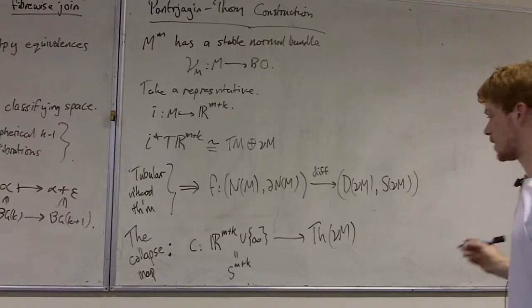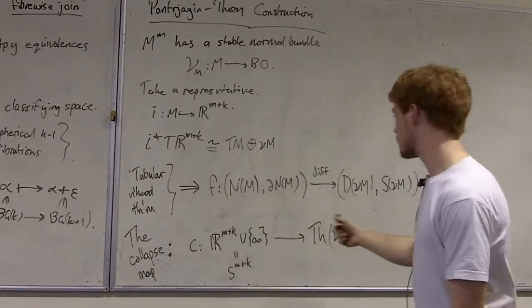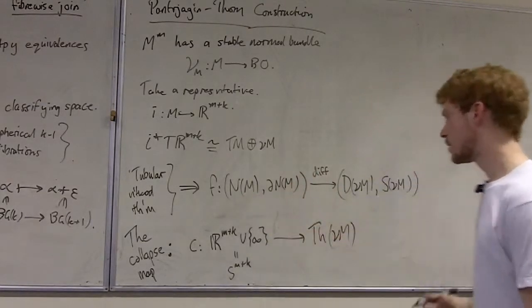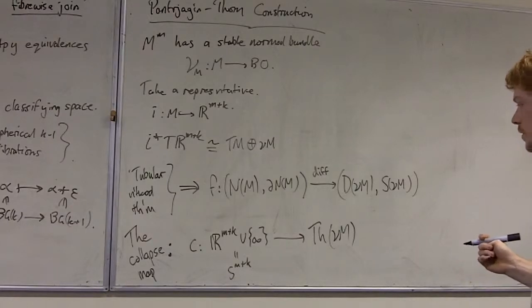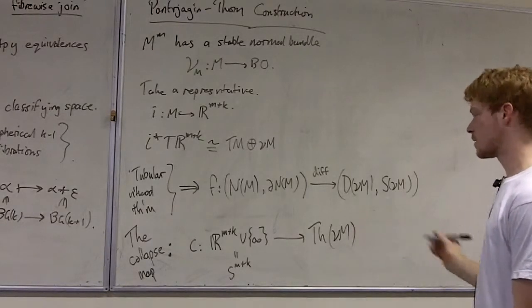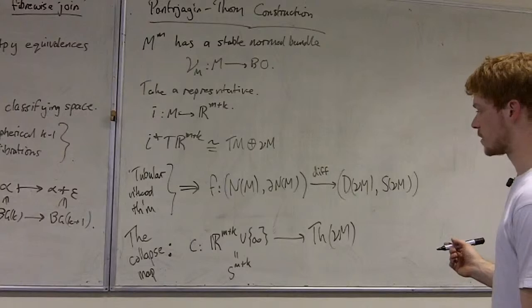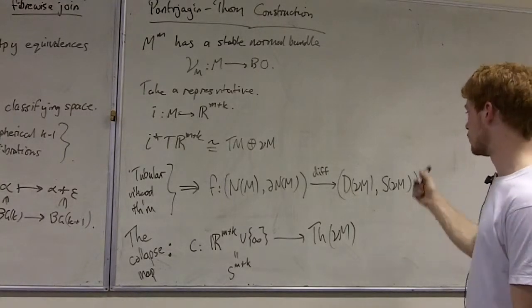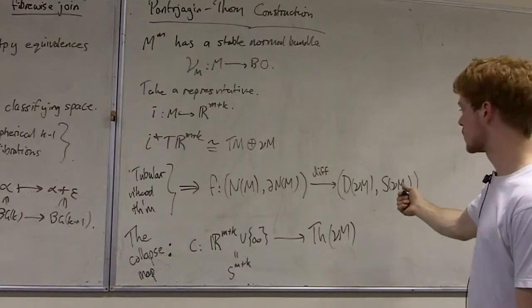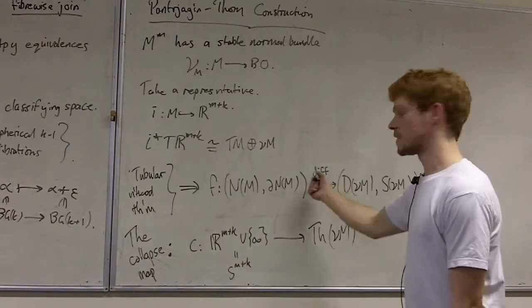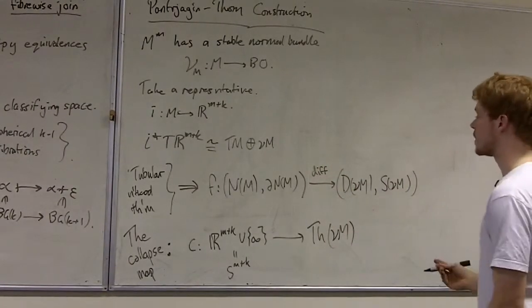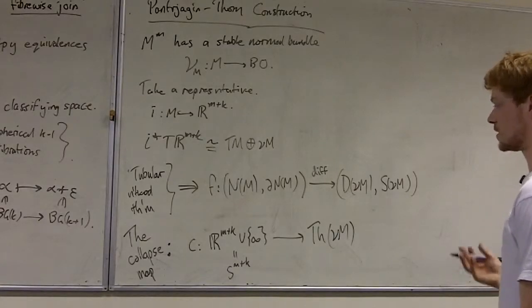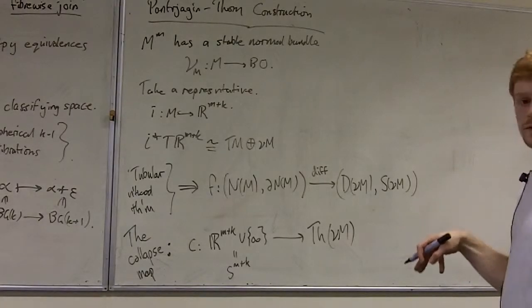So the way I'm going to do that is send everything outside this regular neighborhood to infinity in the Thom space. And then I'm going to send everything on the interior of the regular neighborhood to these objects, and then the quotient via this diffeomorphism. So this is going to be a diffeomorphism on the inside of the regular neighborhood.